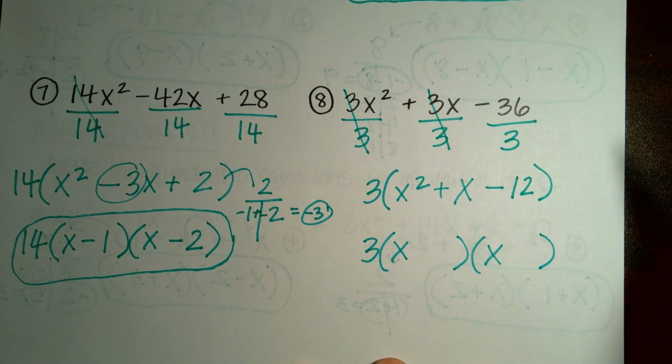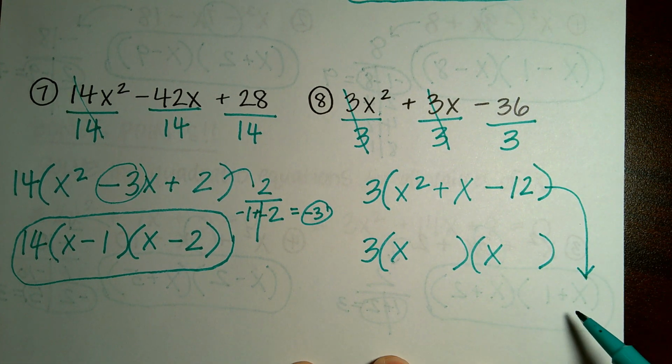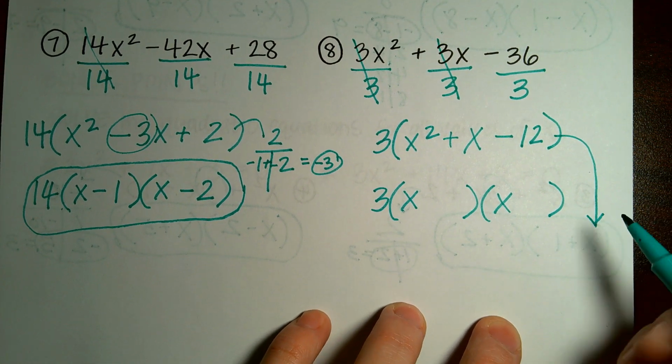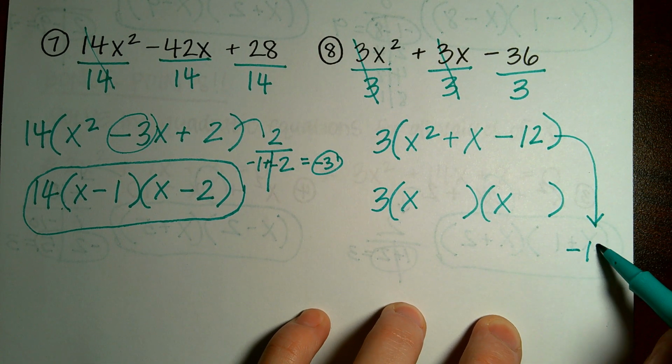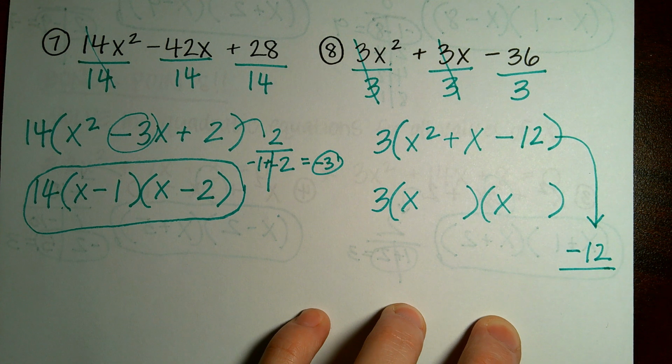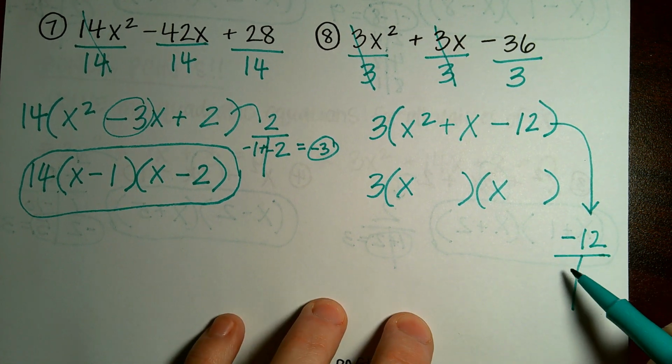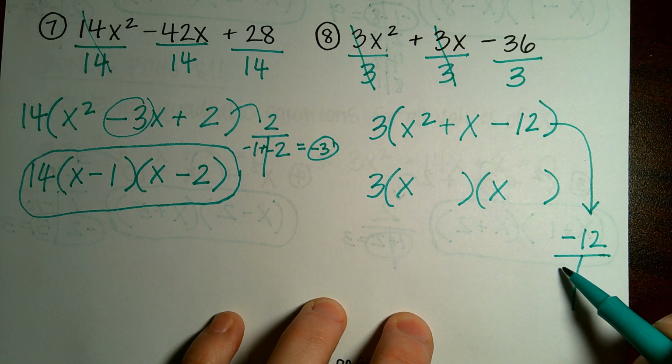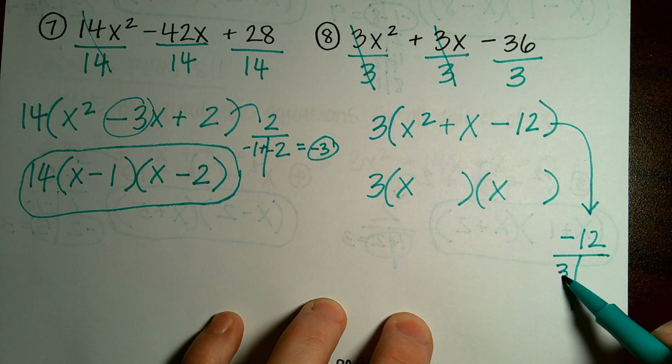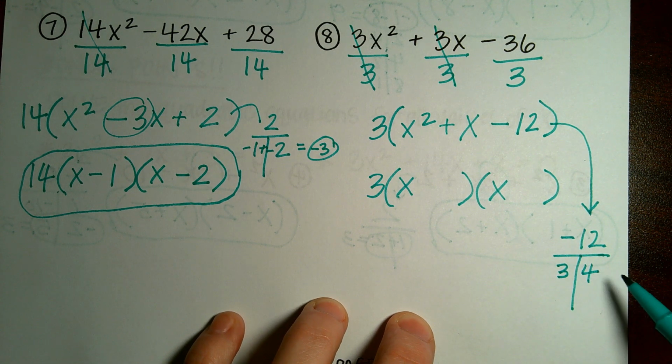Okay, so how am I going to figure out what numbers go in here? Let's factor not just 12, but -12. I know 3 and 4 make 12.